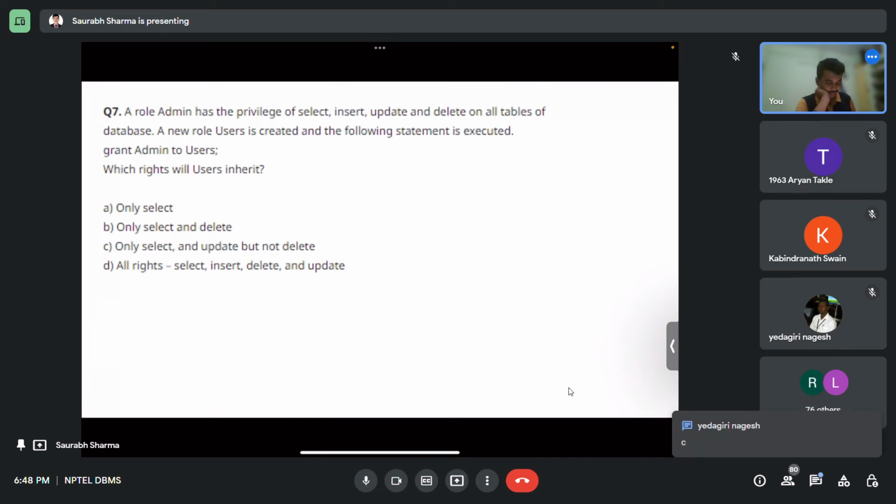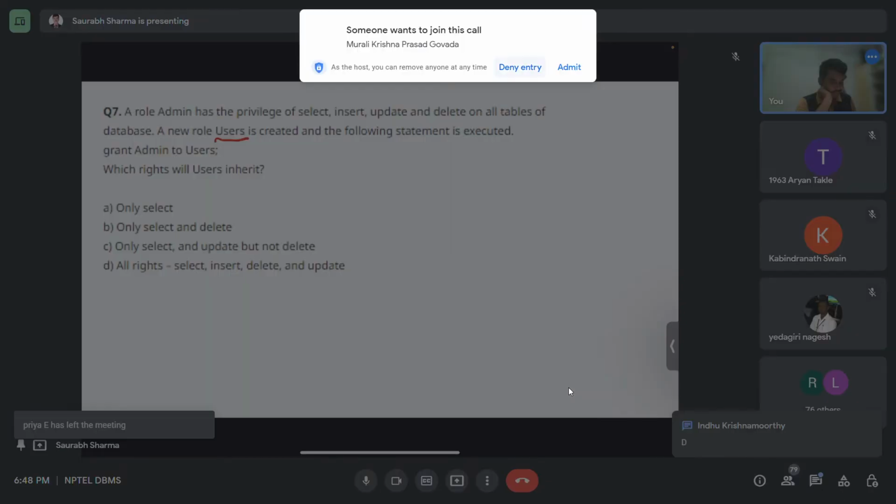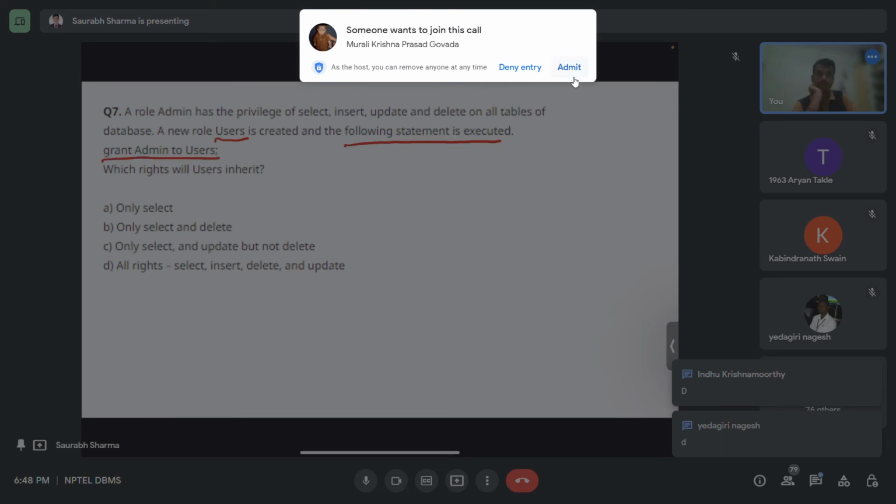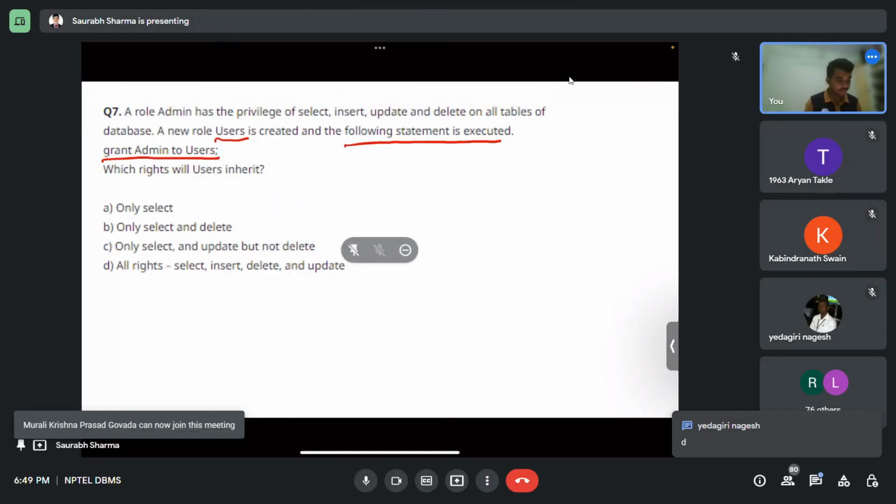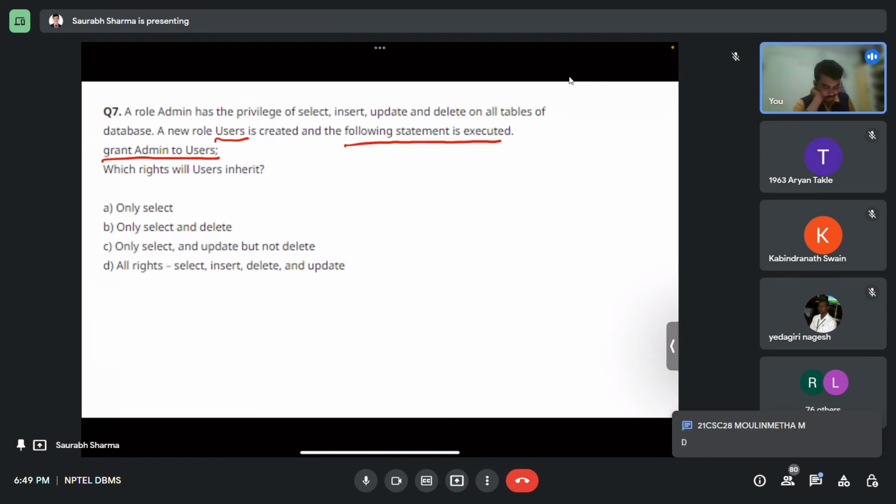Okay, a new role users is created. Now the following statement is executed: grant admin to users. Which rights will the user inherit?